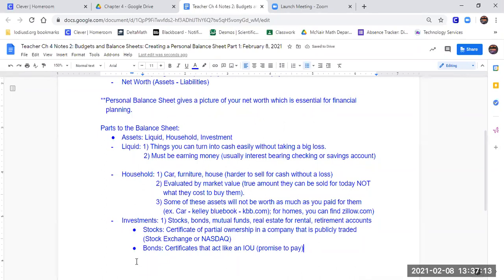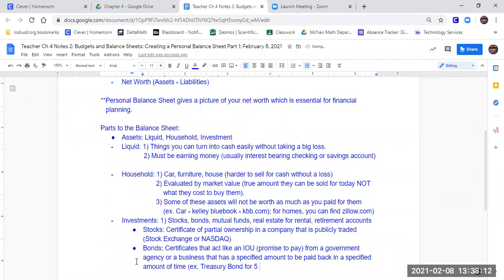As an IOU from a government agency or a business, because businesses can put out bonds as well, that has a specified amount to be paid back in a specified amount of time. Example, a treasury bond for 5 years.